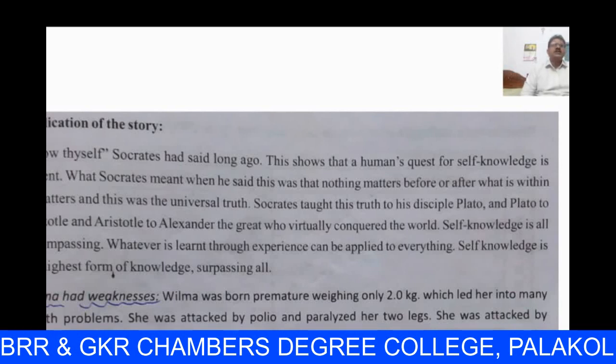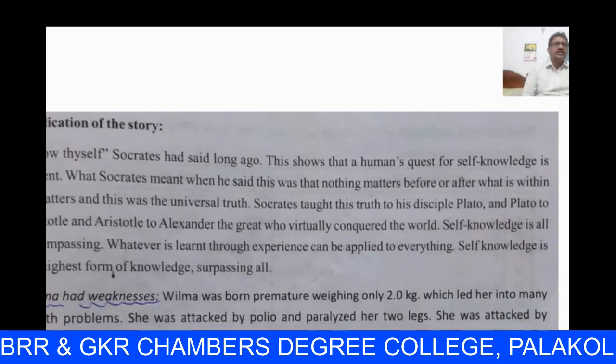Before that, let us say one saying or proverb said by Socrates. Many of you know that Socrates is a great philosopher. He is a thinker, a knowledgeable person.